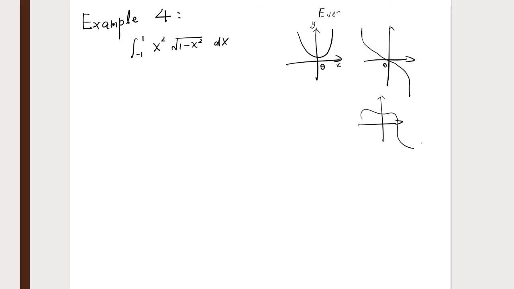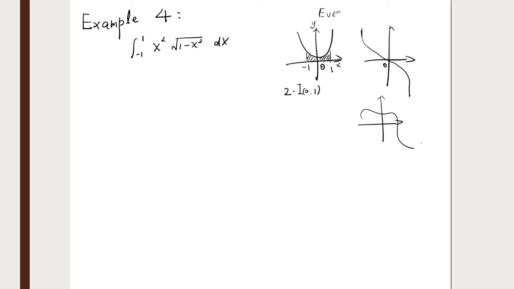Okay. So if it is an even function and we have a symmetric integration range, like from -1 to 1, we have this part and this part, and of course, the whole integration from -1 to 1 is nothing but 2 times the integration from 0 to 1.